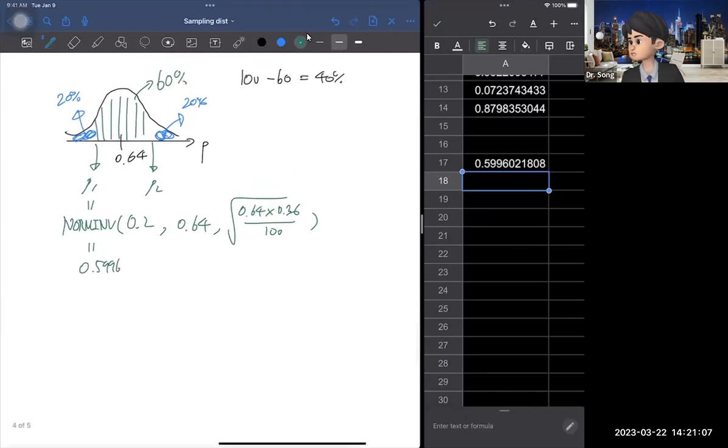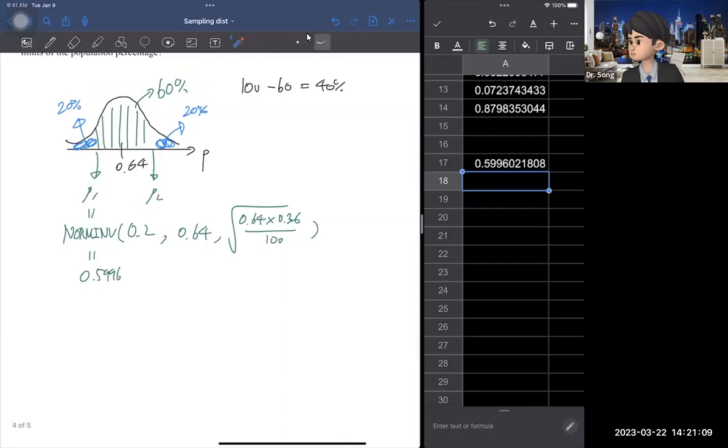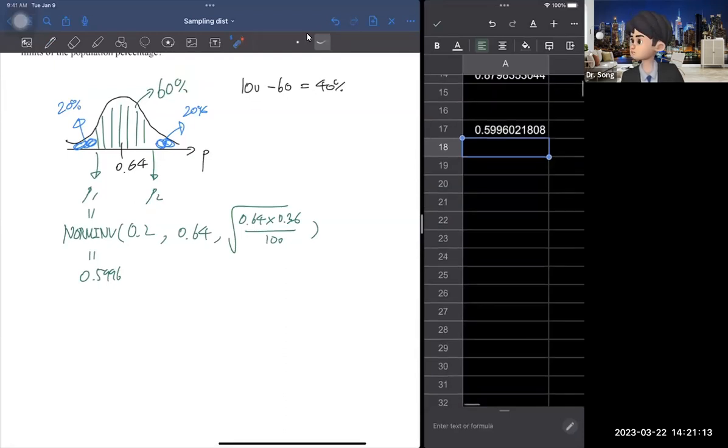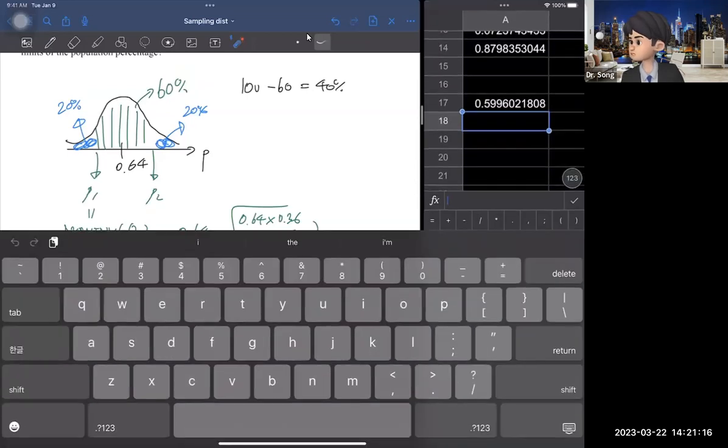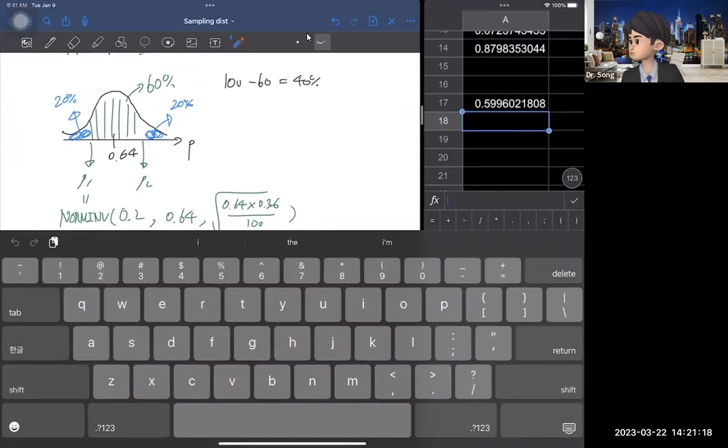Okay. Likewise, you can find P2, but be careful. This time, if you put the same number, then you will get a different, wrong answer. So the question is, what do I need to put as the first element? Like I told you, Excel calculates from negative infinity to this number. So I need to put this 60% plus 20%, 80%.